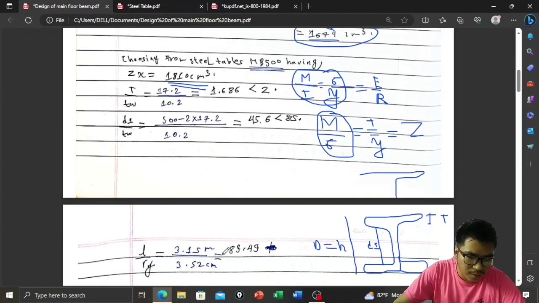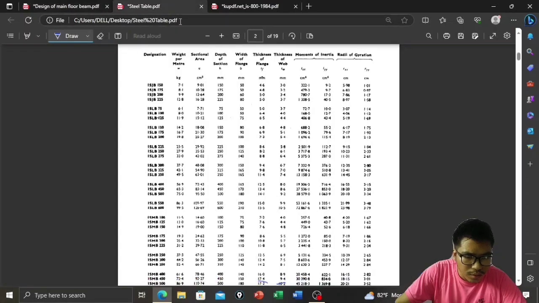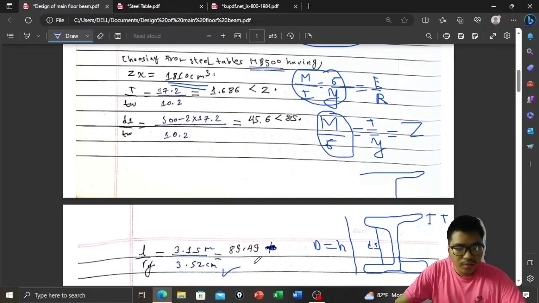ry is in the table, it is 3.52. So L by ry is 89.49.